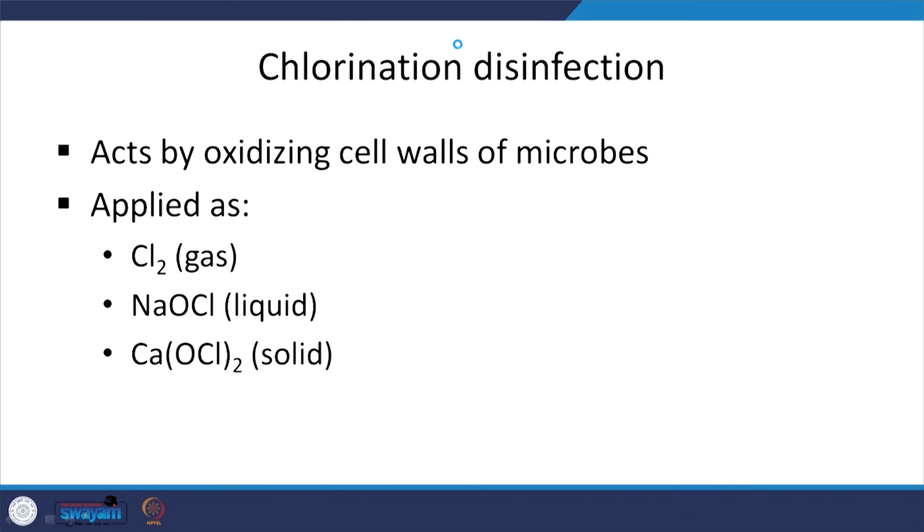Let's move on. So chlorine, as we mentioned, is an oxidizing agent. It acts by oxidizing the cell wall of the microbes. You have organic matter, which is relatively more reduced, meaning it can donate electrons, and you have chlorine, which is a strong oxidizing agent, it wants the electron.